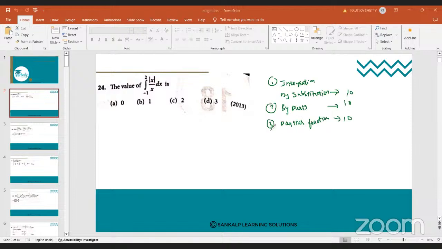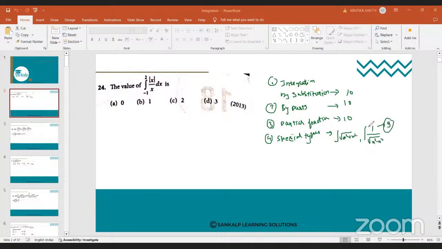Next, fourth, special types. In these special types you have formulas such as 1 upon root of a square plus x square, then 1 upon root of x square minus a square. Such 9 special type formulas are there.